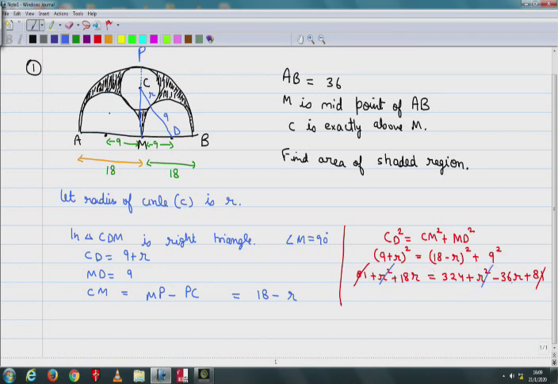So we are left with only, when we take this 36R on the left hand side, 36 plus 18, 54R is equal to 324, or R is equal to 6. So the radius for that smaller circle is 6 centimeters. Now this was the main thing, how to calculate the radius R. Now you can simply apply the subtraction of areas concept.